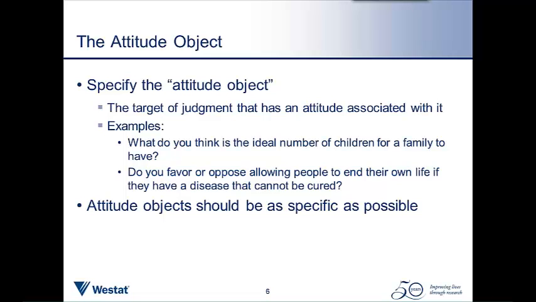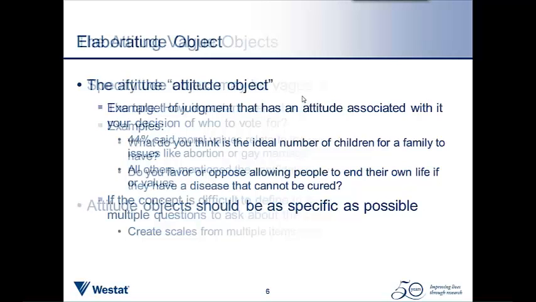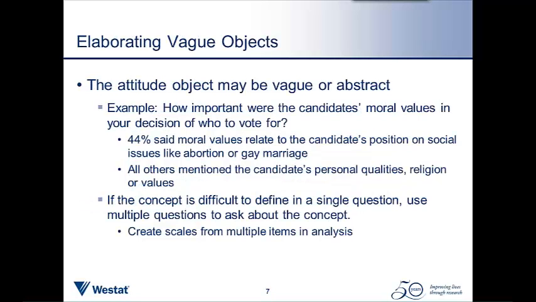We want these attitude objects to be as specific as possible. But sometimes attitude objects can be difficult, vague, or abstract, and really can't be answered with a single question. So here's an example of where the attitude object is trying to tap into the role of moral values in how people decided who to vote for.